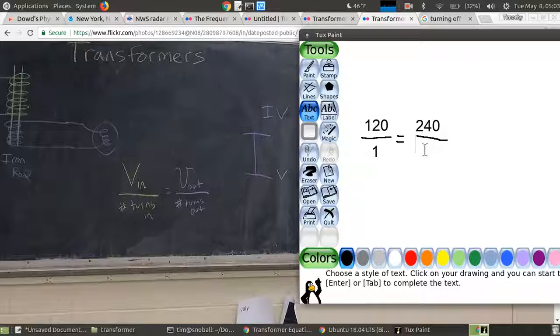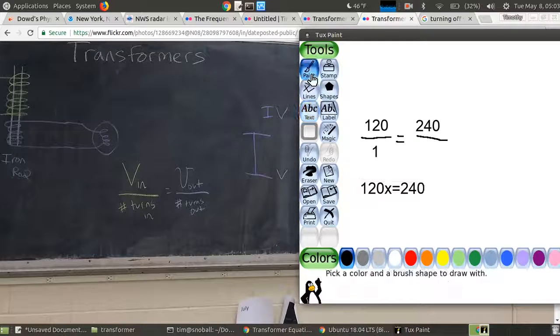I think you guys can easily see what the answer is. In general, if it's harder to see, you're just going to cross multiply and then use algebra to solve. So this would be 120 X equals 240. So of course you divide both sides by 120.